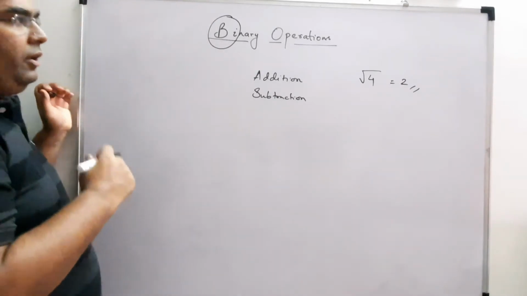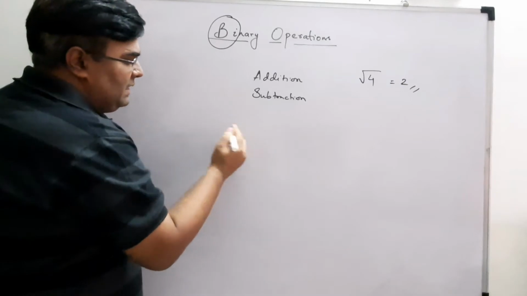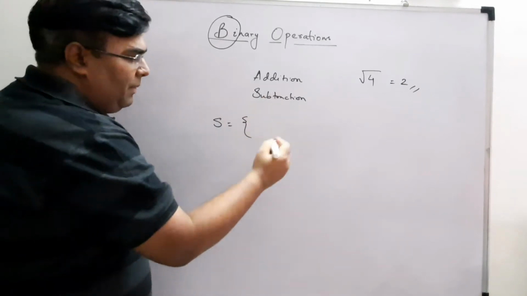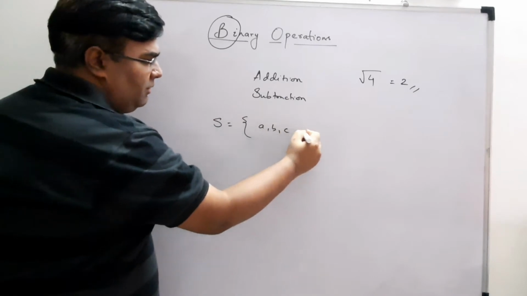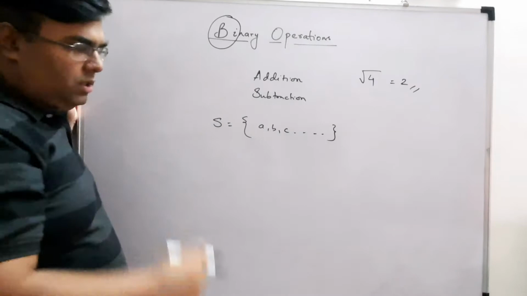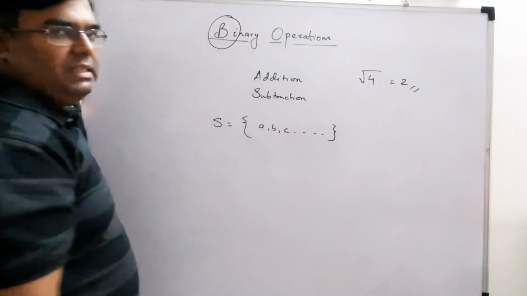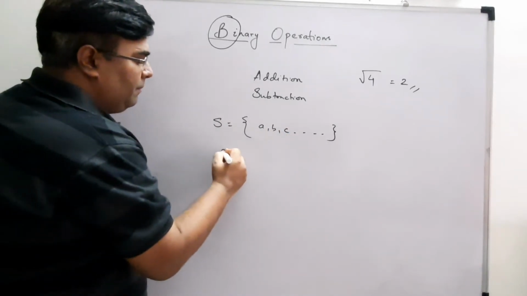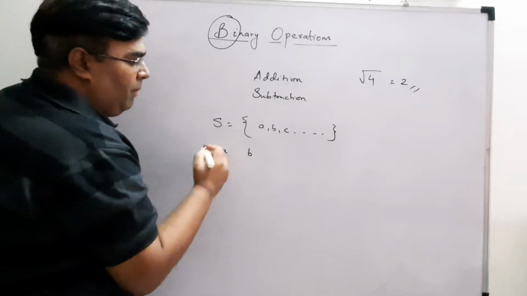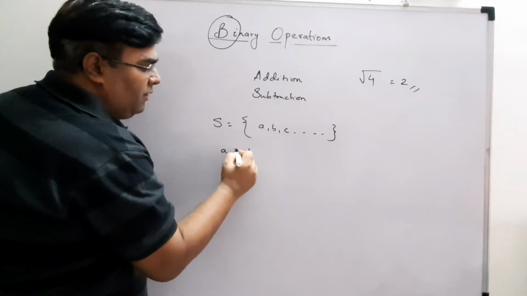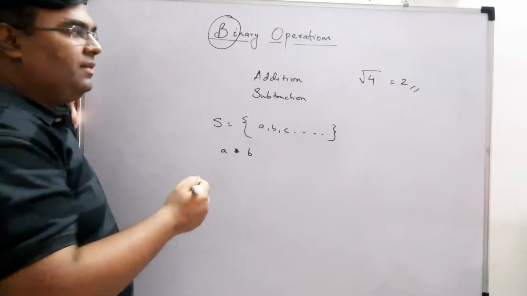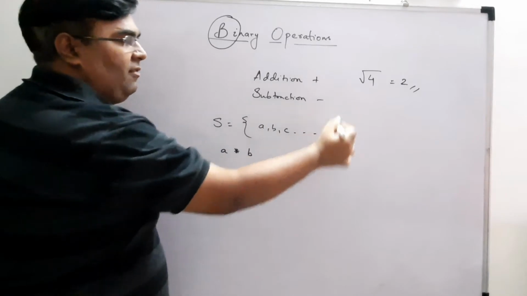Basically, suppose there is a set S which has some elements, you can say A, B, C, like this. If we choose any two elements of this set, suppose A and B, and we mark, suppose this star is my operation symbol. Like addition we have plus, subtraction we have minus.